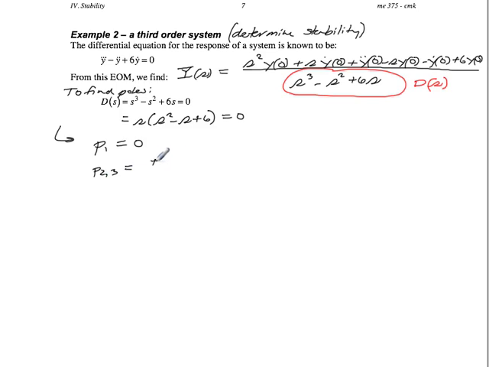I get plus 1 plus or minus the square root of 1 squared minus 4 times 6, divided by 2. So our two non-zero poles here are, I'll put the plus in front because that's really important, plus or minus j times the square root of 23 divided by 2.